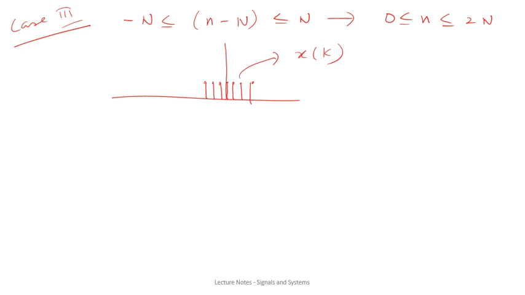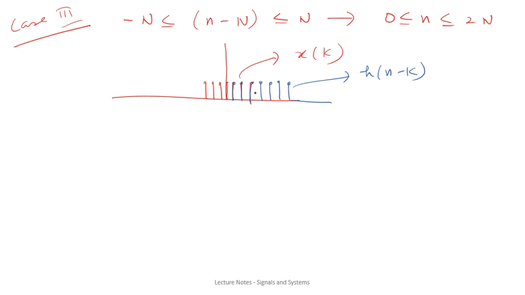Now there will be change in h[n minus k], because now this n minus N is in between this minus N and plus N. So let us suppose now I will draw it. So this represents h[n minus k].